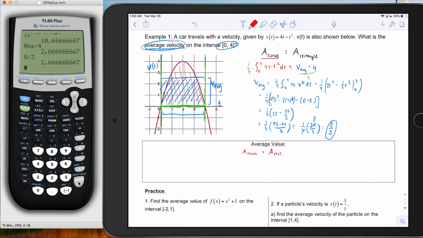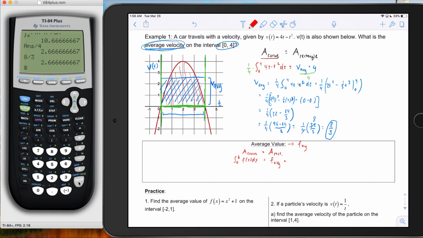For a general case, the area of a curve is just going to go from a to b of some function, and the area of a rectangle is going to be the average value. So why don't I call it the average of the function? Okay, so average is going to be f of avg. That's going to be the average value, that is the height multiplied by the base.